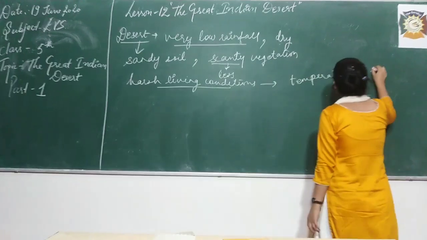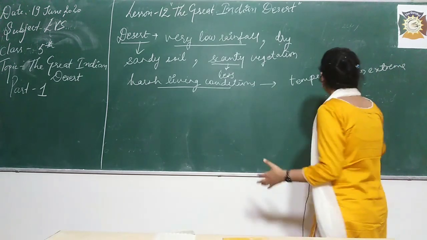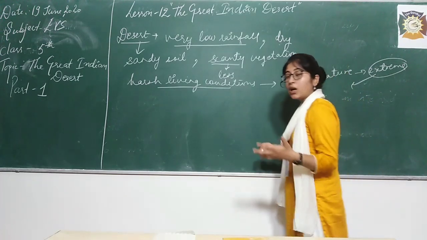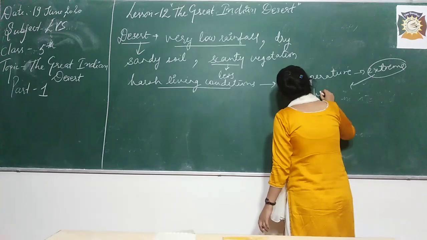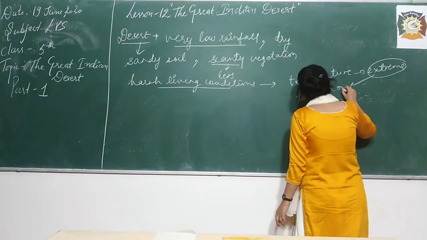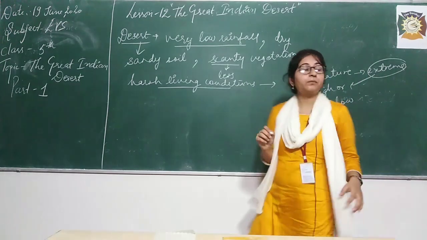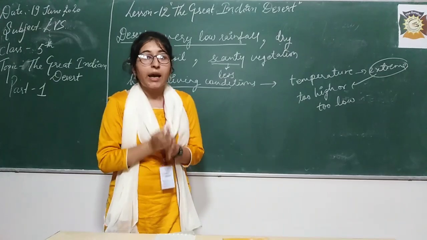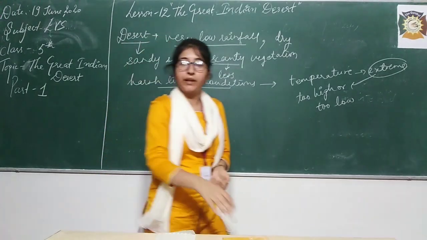Now what is the meaning of this word extreme? I told you: it is either too high or too low. High means very hot. So these are some features of a desert.